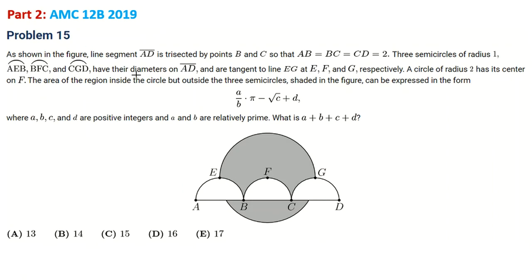Okay, so here it says F is the center of this large circle, and it says the perpendiculars at E, F, and G respectively are tangent to these three semicircles. Let me draw. Okay, so we can say if we consider this one, it will be their centers.